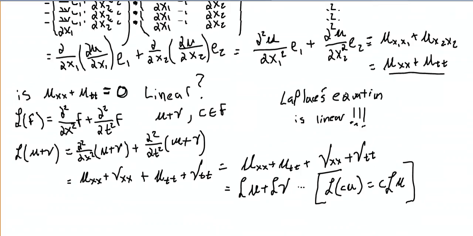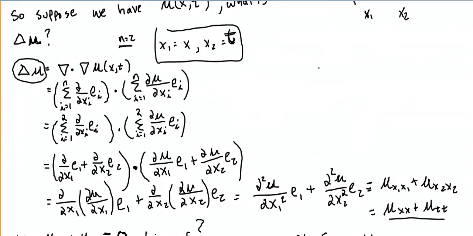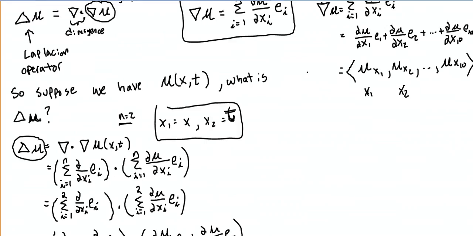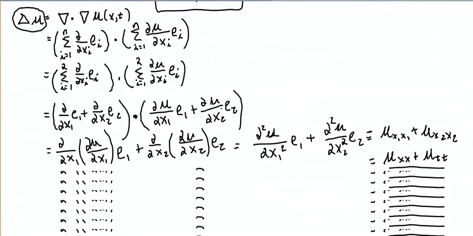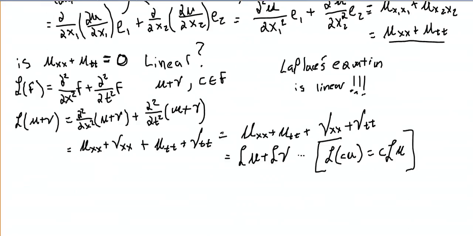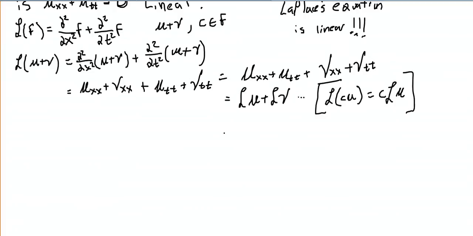However, I want to discuss solutions to Laplace's equation. A solution to this equation right here is called a harmonic function. So solutions to Laplace's equation are harmonic functions, and some harmonic functions are used in physics for all sorts of weird things.